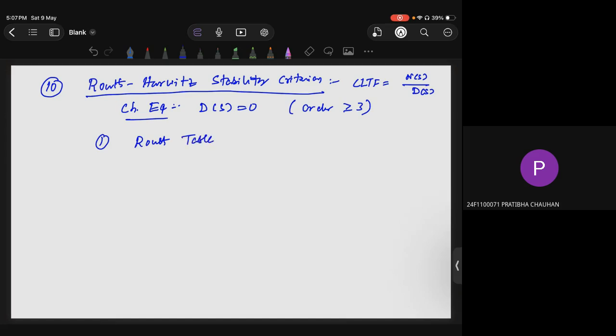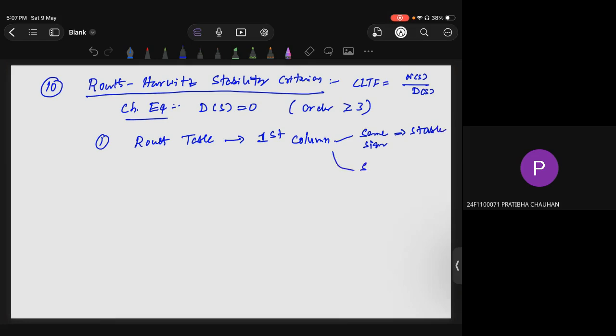I'm not explaining how we are forming the Routh table, okay? So we form this Routh table, then we check the first column. If the first column has the same sign, all the terms the same sign, then we say that it is stable.